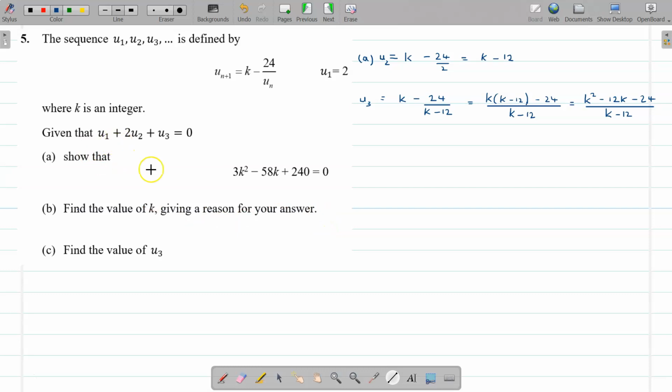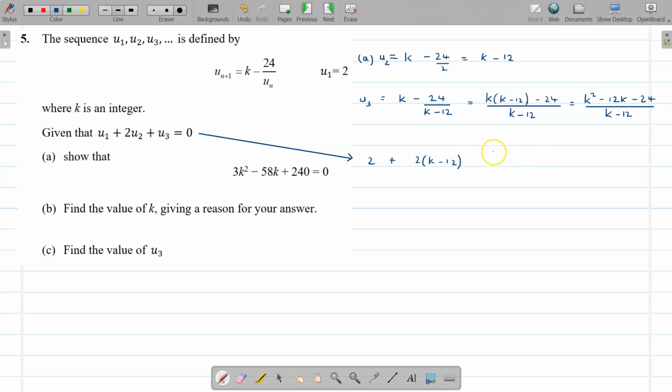So if I apply this, I'm just going to put a line to indicate what I'm doing there. So that's coming from this here. So U1 is 2 plus 2 lots of U2, which is 2 lots of k minus 12.